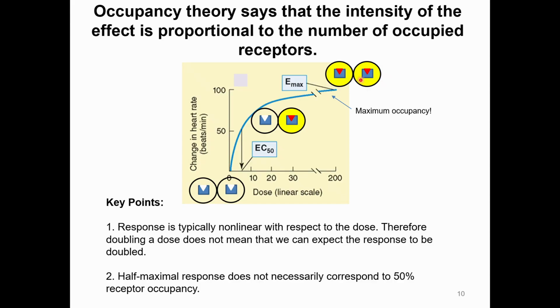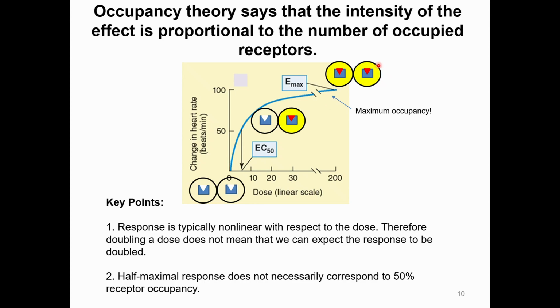And this line right here describes the relationship between the dosage and the effect, in this case, change in heart rate, okay? So this is a linear scale, so you get this kind of N-shaped curve. And at higher levels, you reach maximal efficacy, which we call Emax, and you can't go higher than the highest level measured, okay?